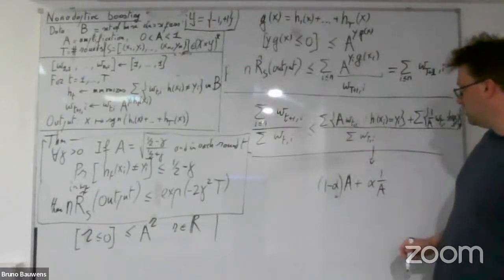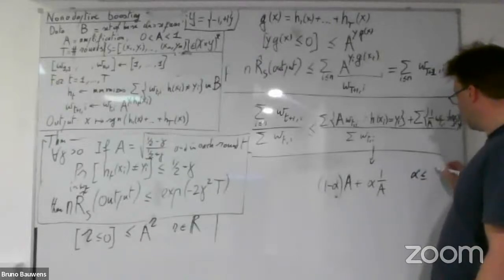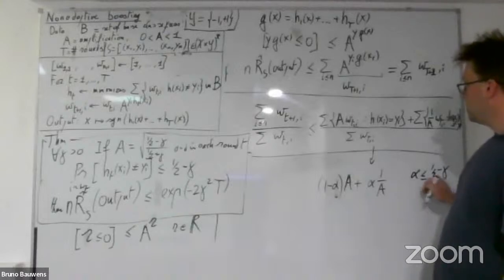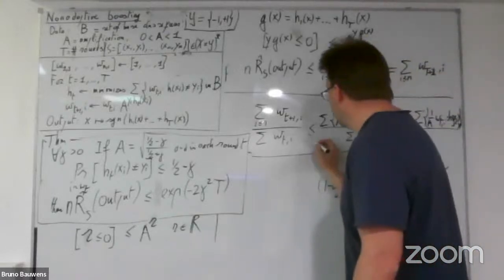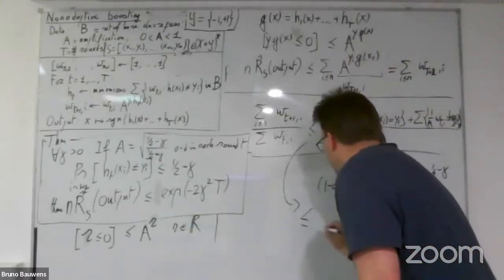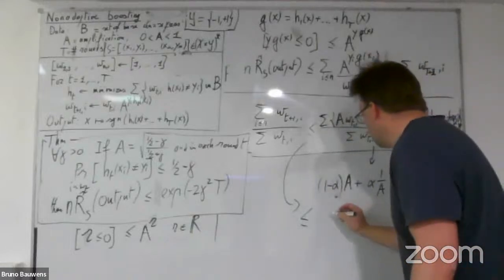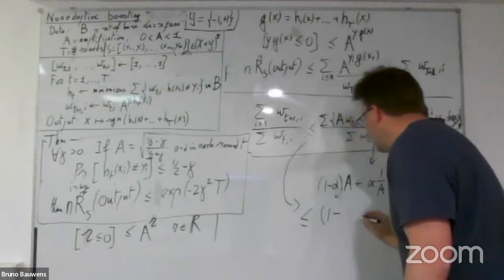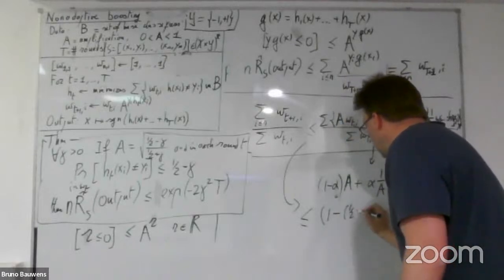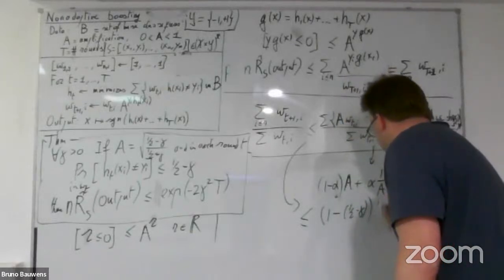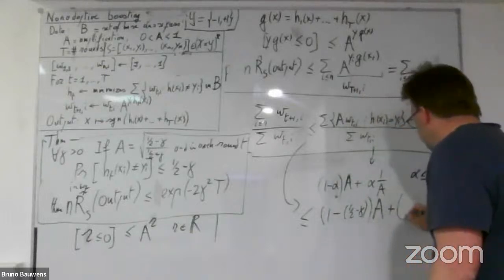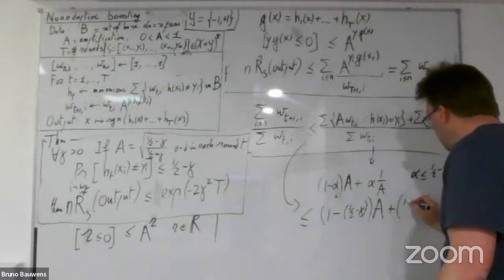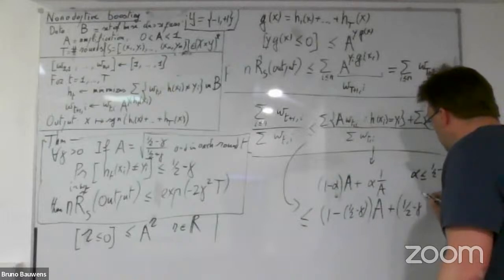And we understand that alpha is at most 1/2 minus gamma. So we see that this is bounded by 1 minus 1/2 minus gamma times a plus 1/2 minus gamma times 1 over a.